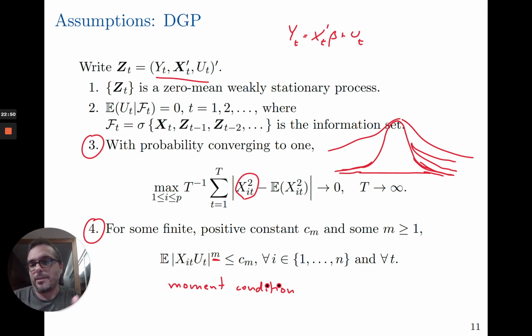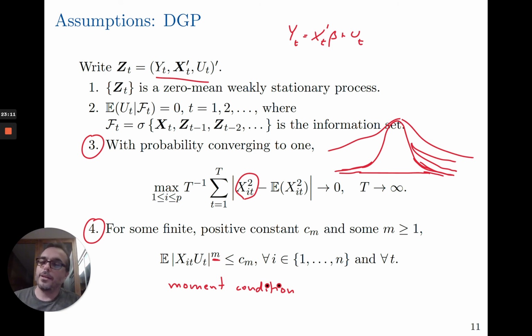So the takeaway from these assumptions is that the uglier the data looks, the fewer variables you can include in the model.